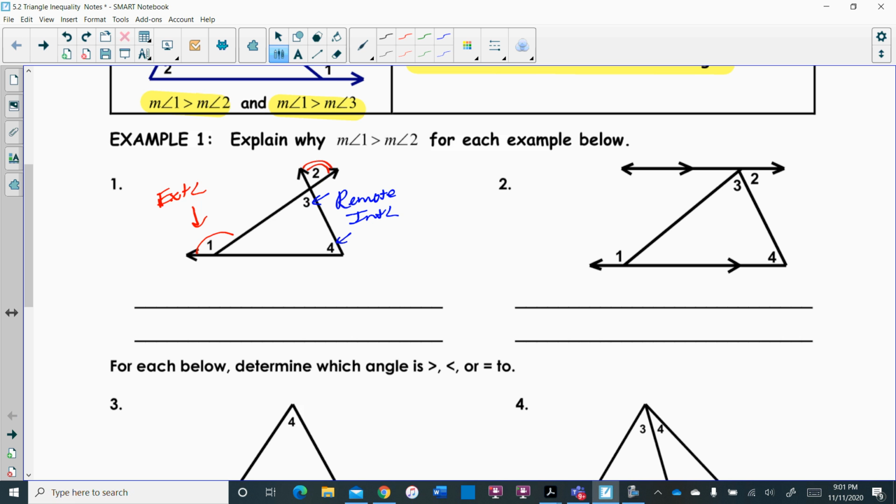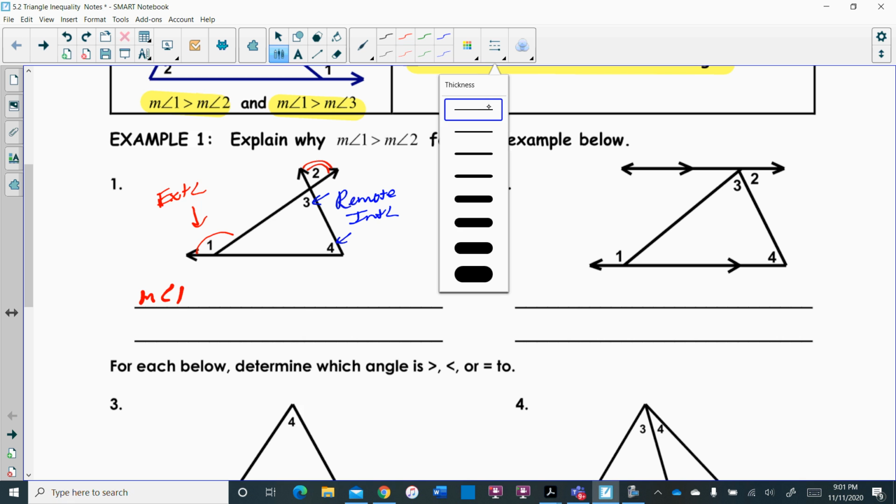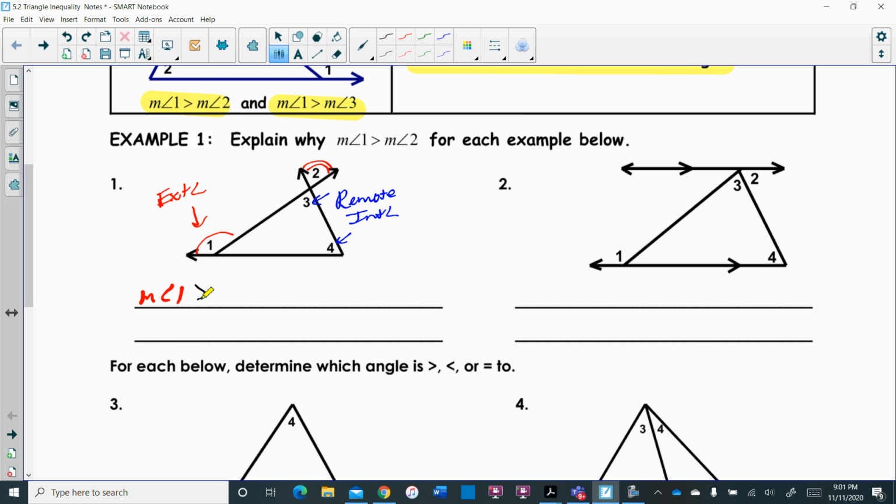Now, the theorem we just went over states that the exterior angle, the measure of my angle 1, is going to be greater than the measure of the remote, so the measure of angle 3.